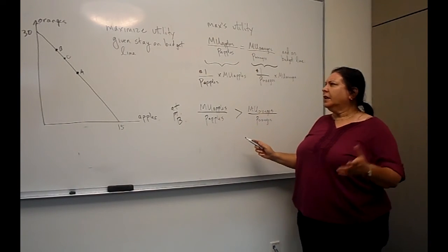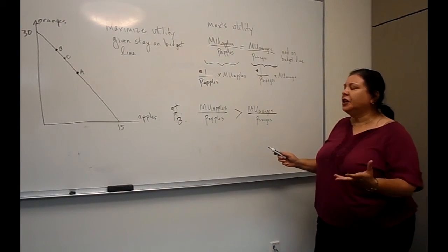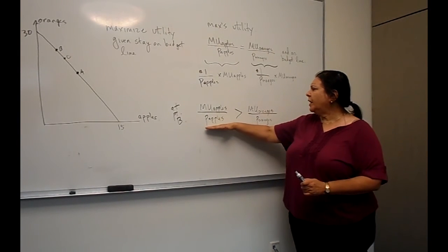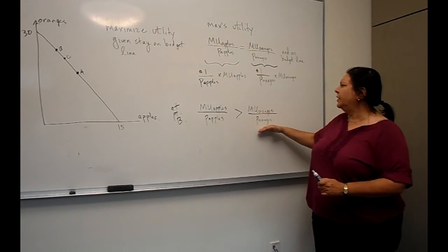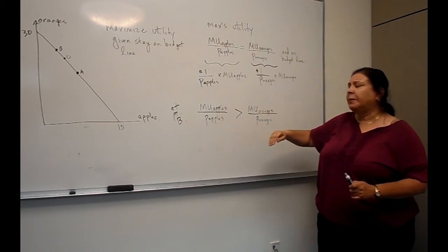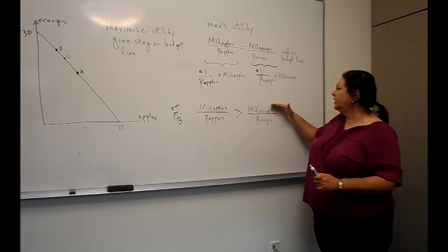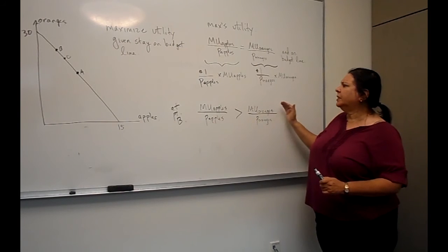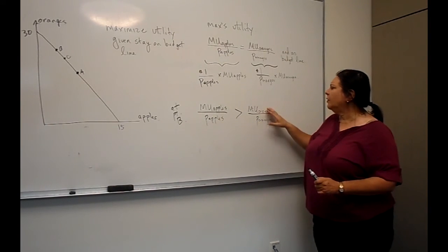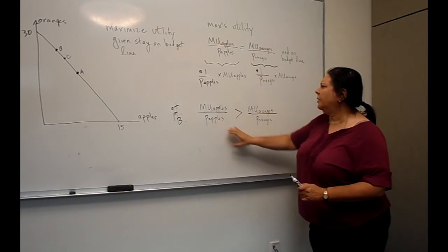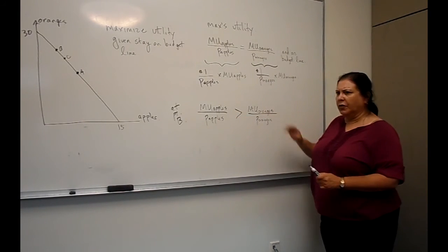Then at point C, we still want to buy more apples, so this ratio is still greater than this one. This marginal utility falls a little bit because I have more apples. This marginal utility of orange goes up a little bit because I have fewer oranges, but it's still true that this ratio is greater. So I increase utility again if I buy more apples and fewer oranges.